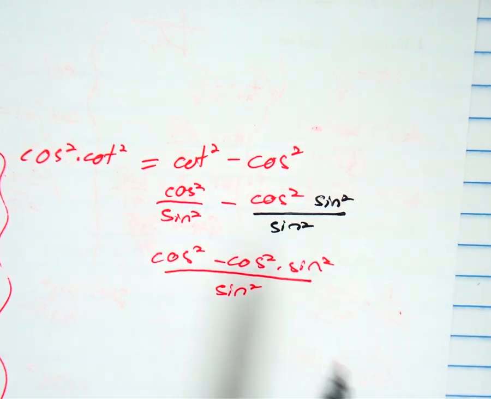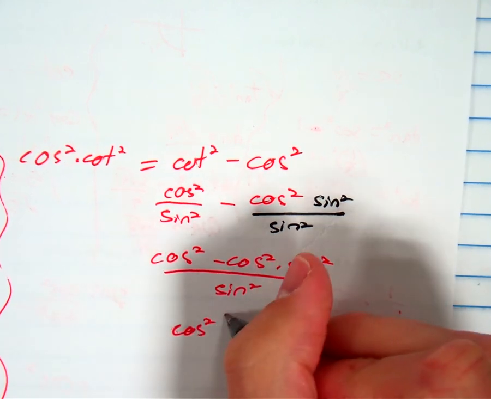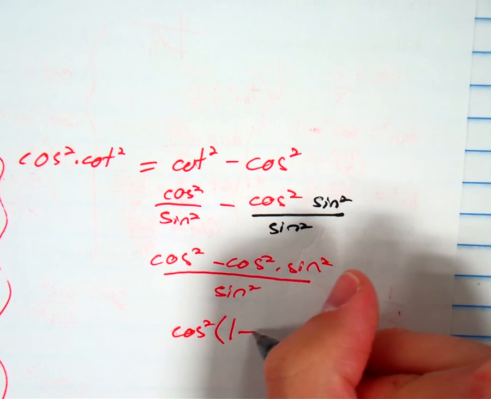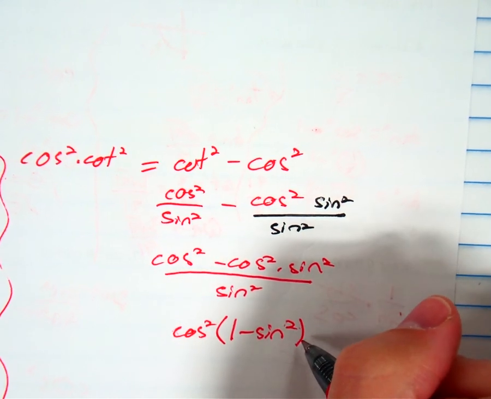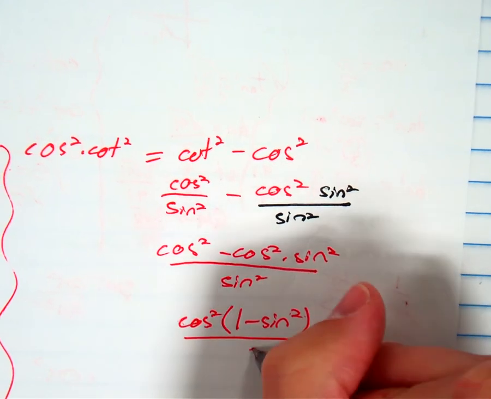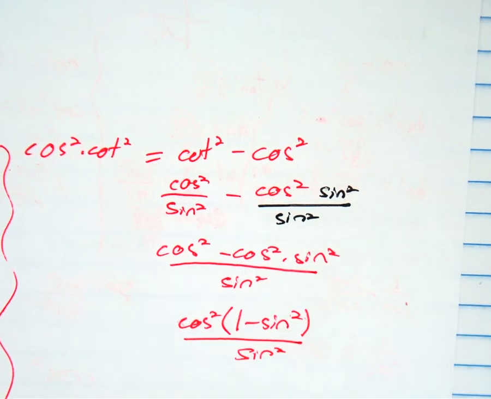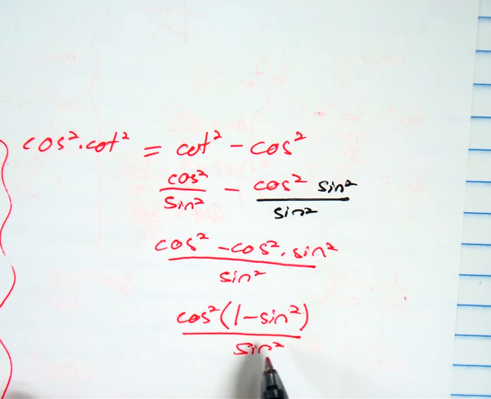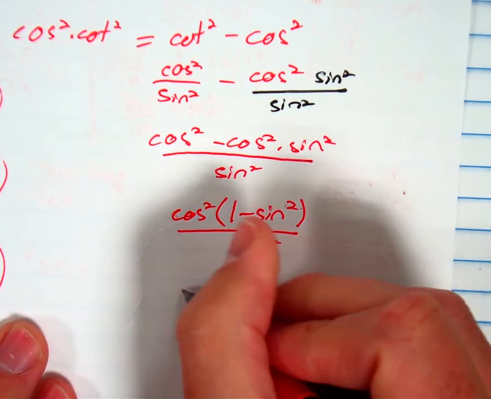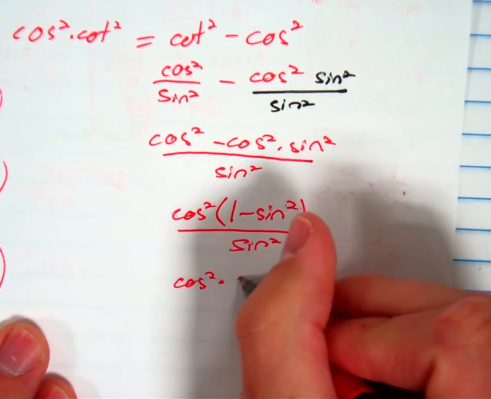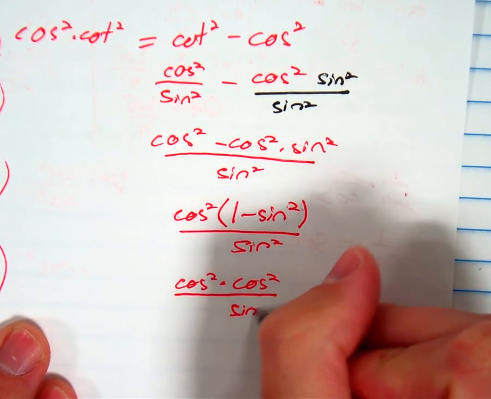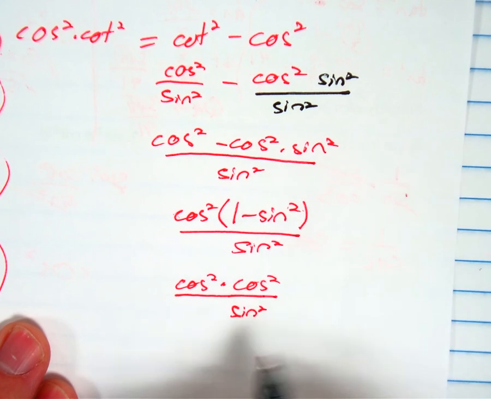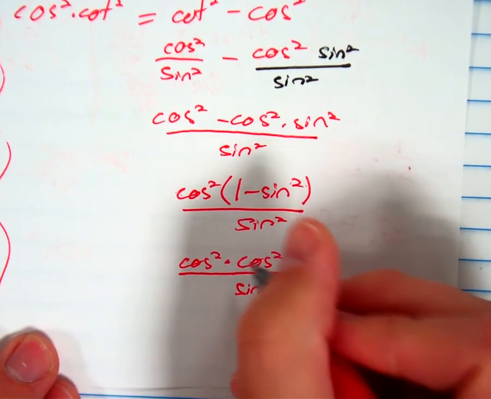You'll notice that both pieces have a cosine squared, so let's factor that out in front. Cosine squared times 1 minus sine squared over sine squared. 1 minus sine squared is another cosine squared. Okay, and let's separate this out into two fractions.